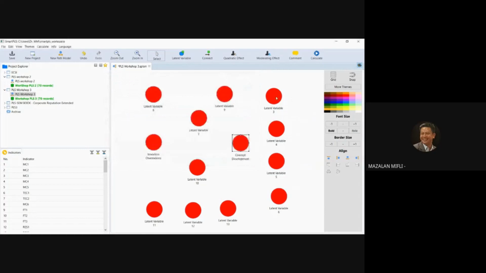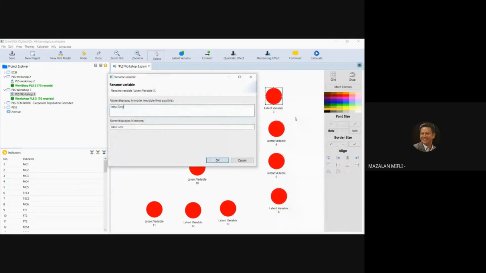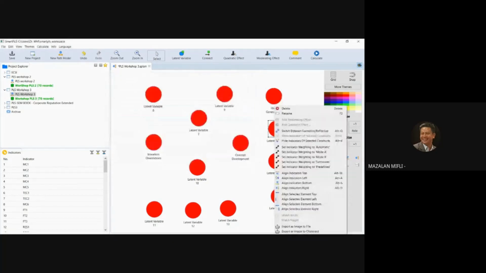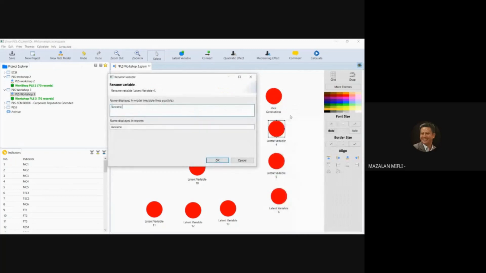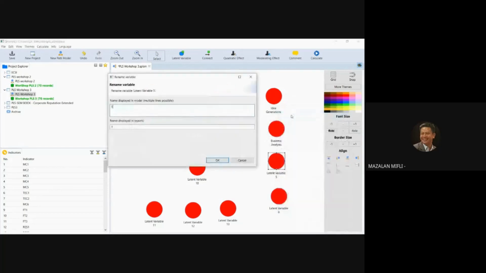Then here is idea generation. Here is business analysis. Here is testing and design.